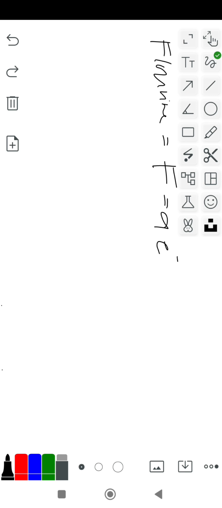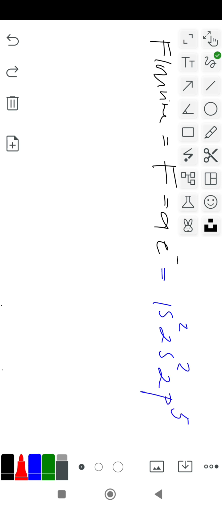Therefore, fluorine has 9 electrons. The first step is you write the electronic configuration. So we have 1s2, 2s2, then 2p5. And you take a look at the last electron distribution.